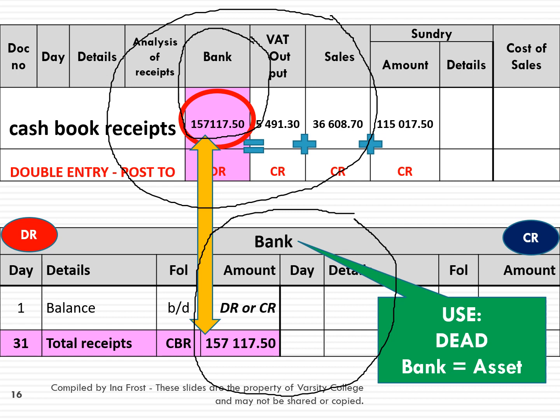And you can see here, I wrote down here, I'm going to use debit because my bank is an asset. Okay, so because it's one of my assets, it has to increase on the debit side. So I take my total cash receipts and I post it to the debit side of my bank account in my general ledger.